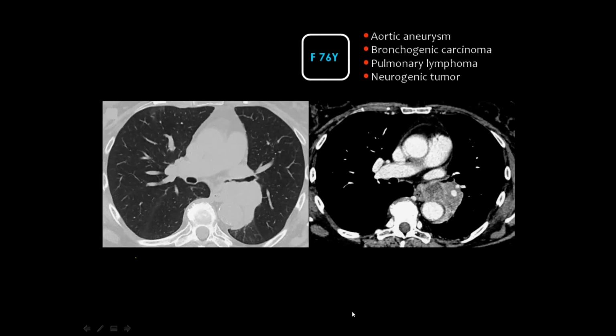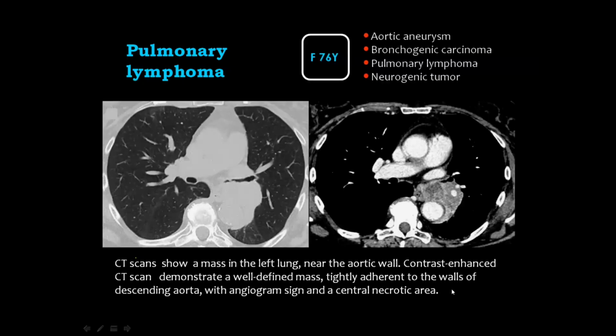If you want some of the differential diagnosis, I provide aortic aneurysm, bronchogenic carcinoma, pulmonary lymphoma, and a neurogenic tumor. Lymphoma. Yes, this is right. This is pulmonary lymphoma. And it is not an aortic aneurysm, of course. It is not a neurogenic tumor.